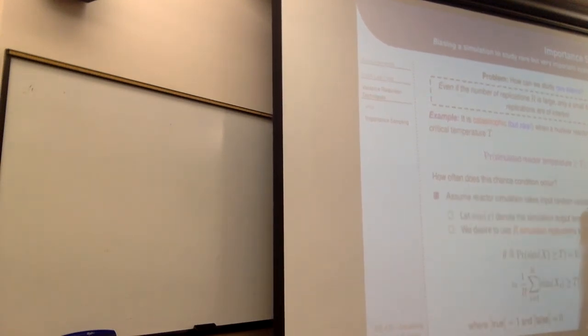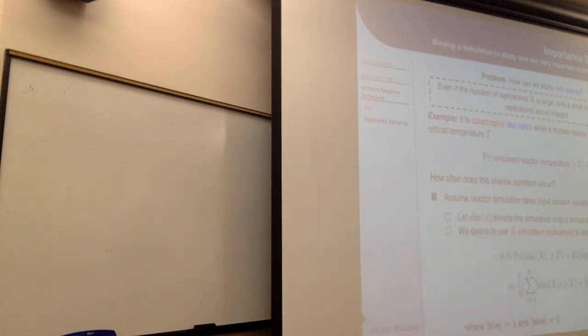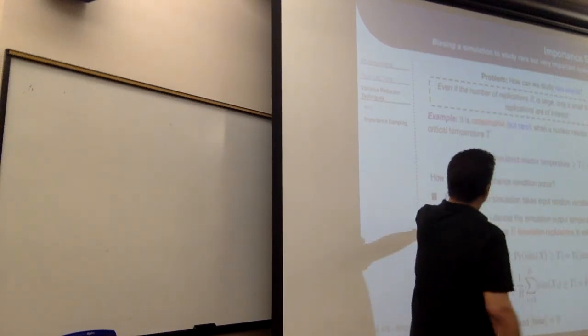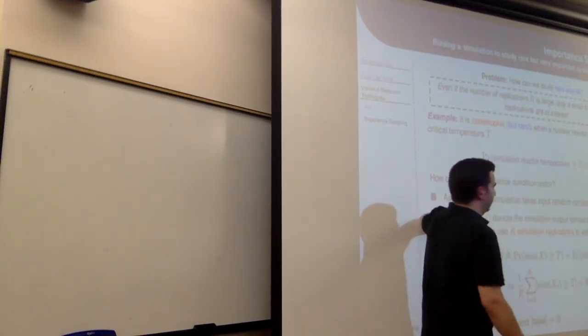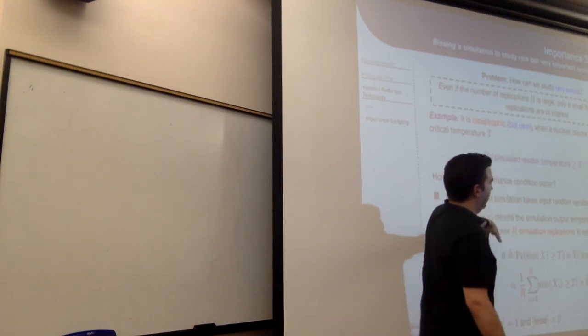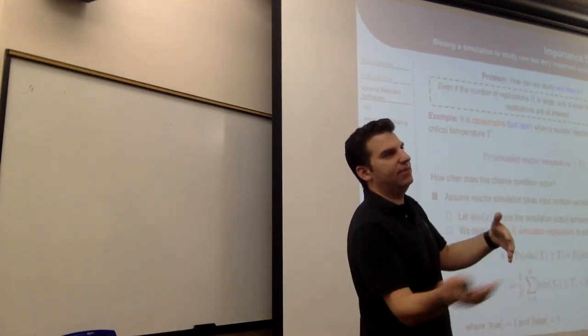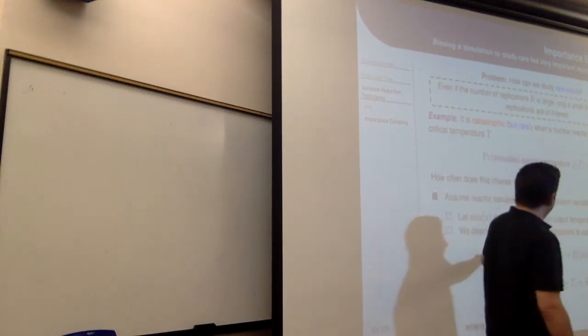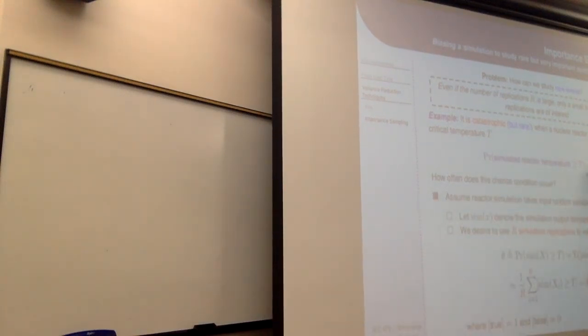The problem is that I would need to simulate a lot of replications. If I put the whole reactor into this thing called sim, and x is my input from whatever the input variation is coming into my stochastic simulation, then if I wanted to estimate this probability, Monte Carlo sampling basically says I run a zillion replications of my simulator, ask how many of them were greater than the critical temperature, and take that average.